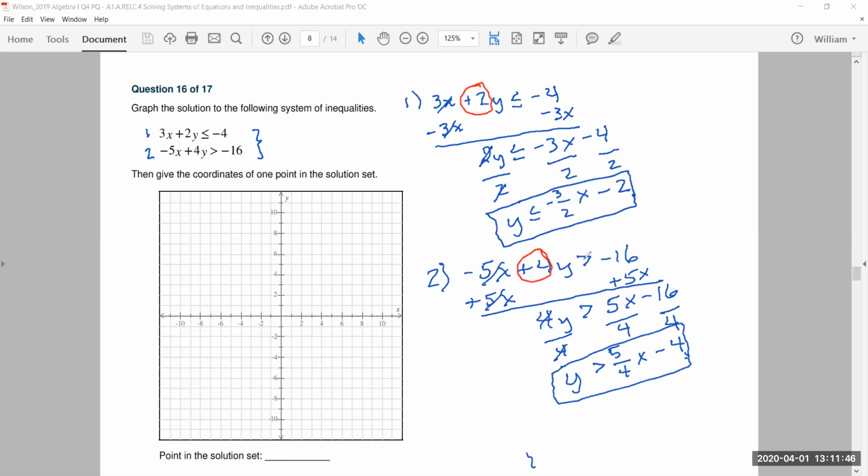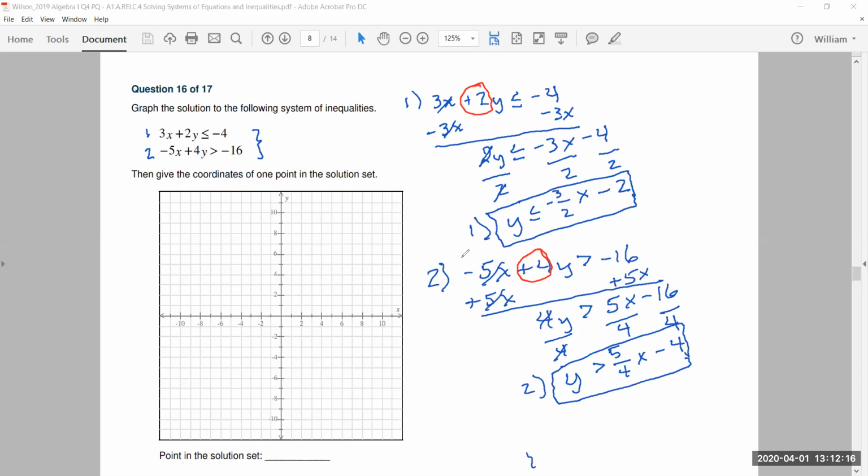When we divide by that negative, we would have had to reverse the direction of that inequality symbol, but we didn't have to do that. But I'm reminding you of that so that in the future, if you run into that, you will find yourself doing the right thing. All right, so equation number 1 is this one. Equation number 2 converted to slope-intercept form is this one.